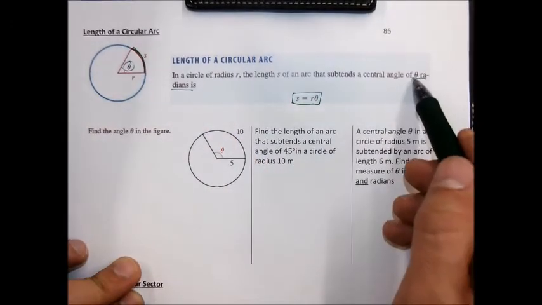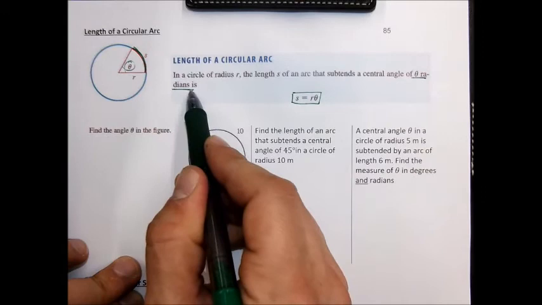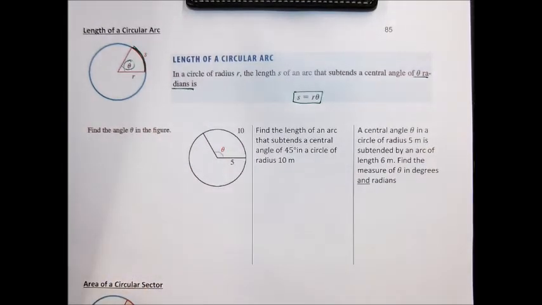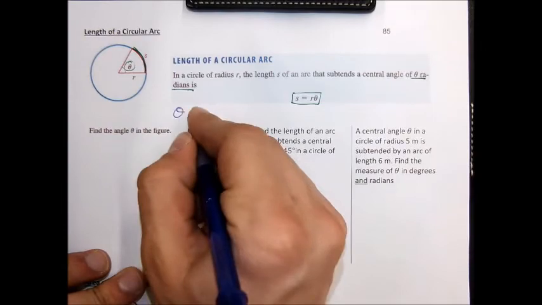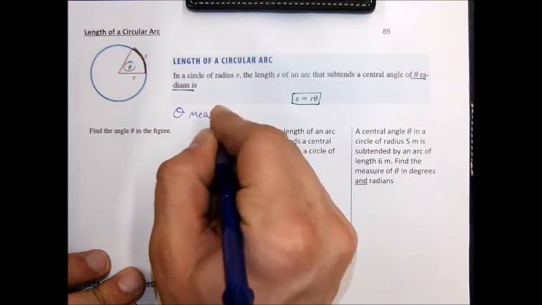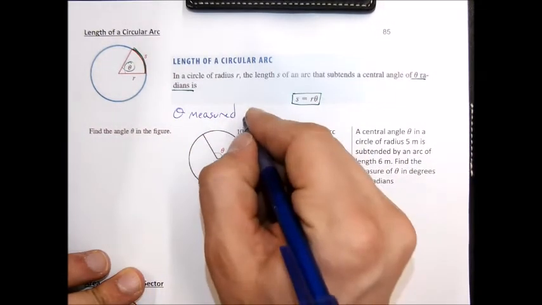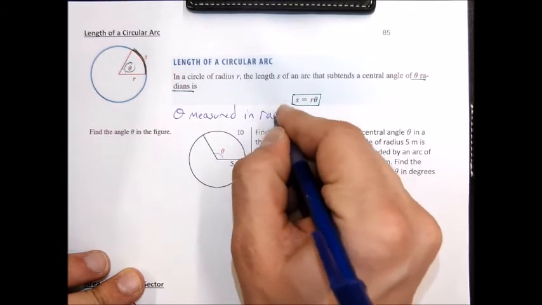And you can see what I'm underlining is that theta is measured in radians in this particular equation. And so if we want to use this equation, we need to make sure that whatever our theta value is, it's in radians. That's the only kind of tricky part about this page, you just need to remember that theta is measured in radians.